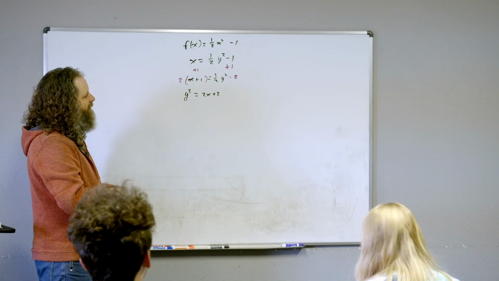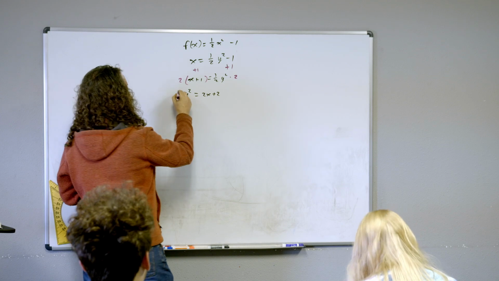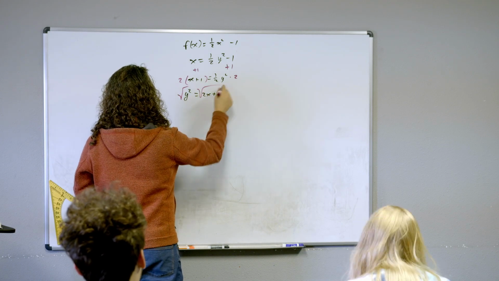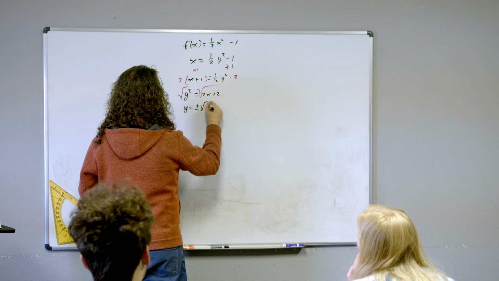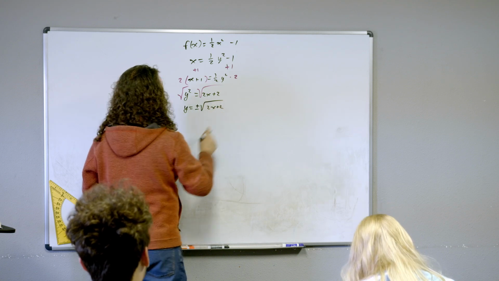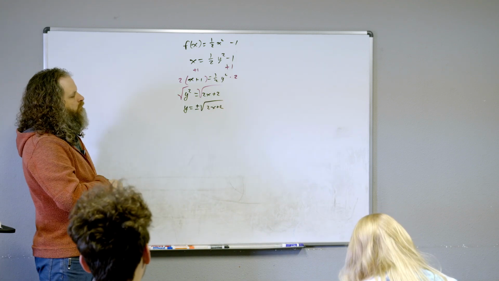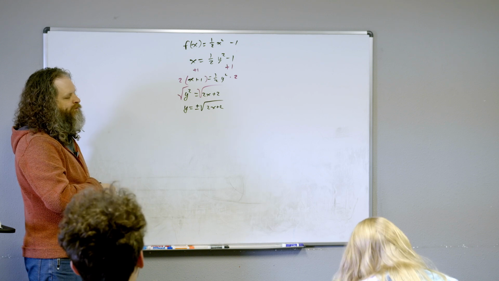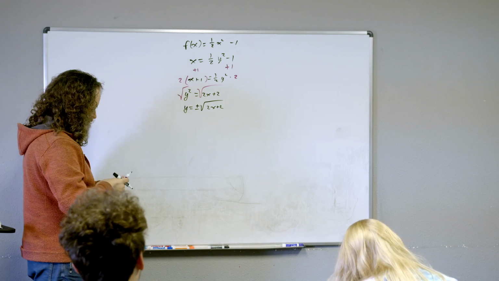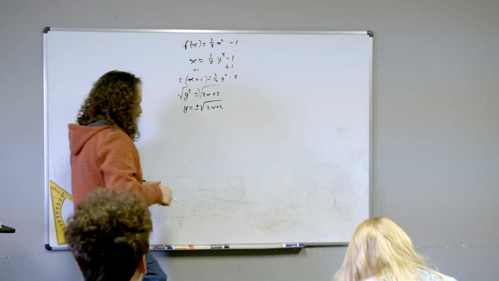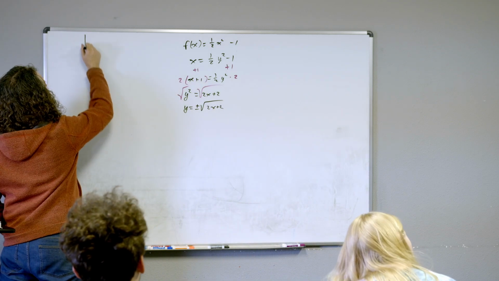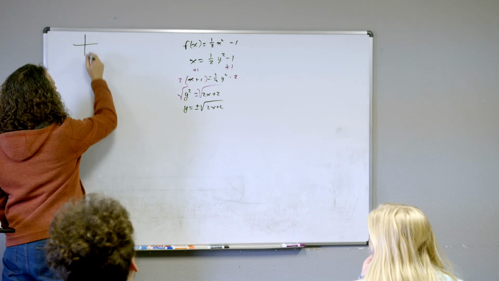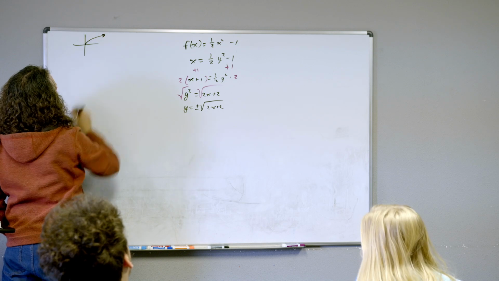Square root of both sides. Square root of y squared is what? Plus or minus the square root of 2x plus 2. What is that? Graph. Let me grab it. What does the square root parent function look like? It's half of a sideways parabola.